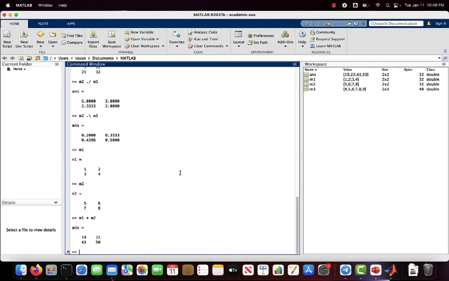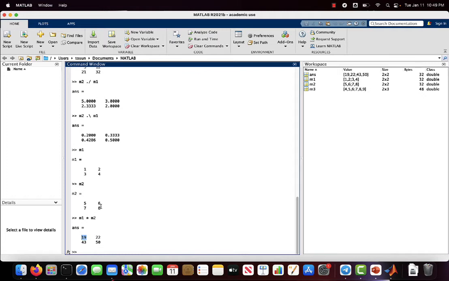Right now we have multiplied them, and as you can see, for the first element of the result we need to multiply the first row of the first matrix and the first column of the second matrix, which is, the first row is 1 2, the first column is 5 7. 1 times 5 equals 5, 2 times 7 equals 14, and 14 plus 5 will be 19.